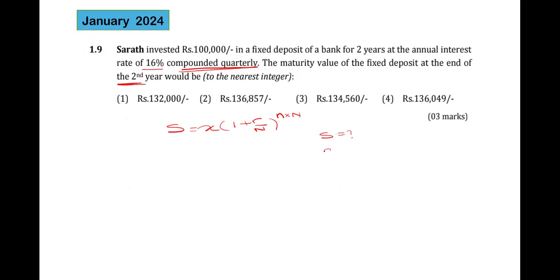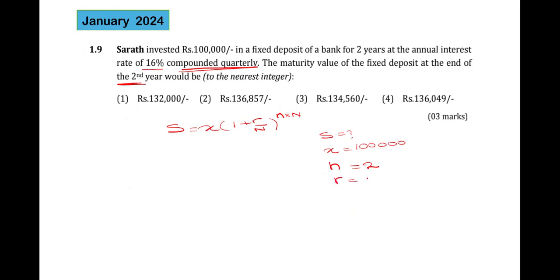X is given, X equals 100,000. Small n equals 2 years, the number of years.